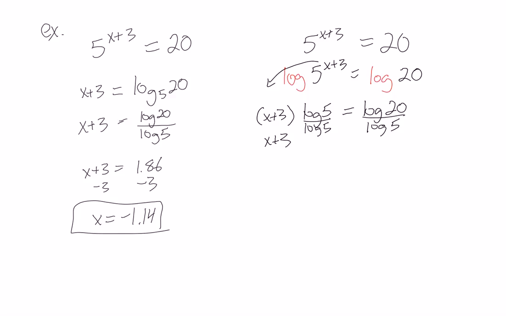That'll give us x plus 3 equals log 20 over log 5, which from there is exactly the same as what we had previously. So I won't bother solving the rest because it would be identical. So it's just a different way of approaching it. Instead of switching it using the log conversion formula, just do the log of both sides and then bring the exponents down and solve it that way.